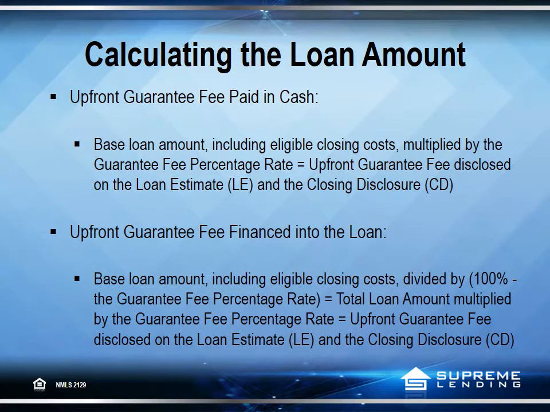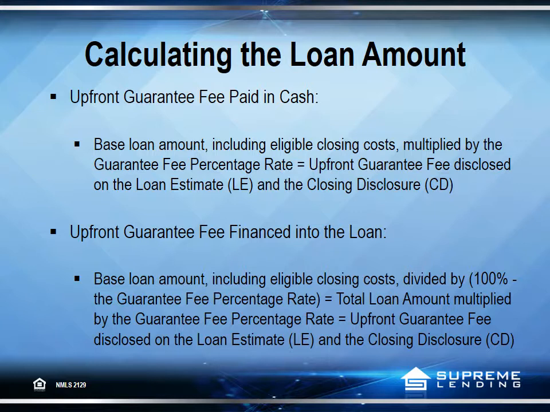If the borrower elects to pay the upfront guarantee fee in cash, then the base loan amount, including any eligible closing cost, multiplied by the guarantee fee percentage rate, will equal the upfront guarantee fee that is disclosed on the loan estimate and the closing disclosure.